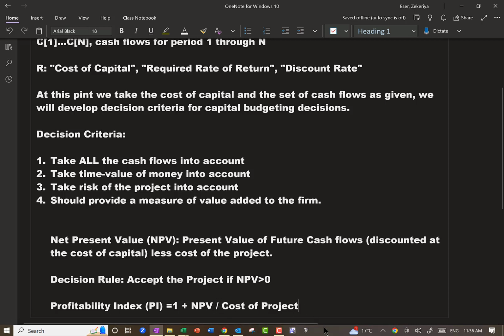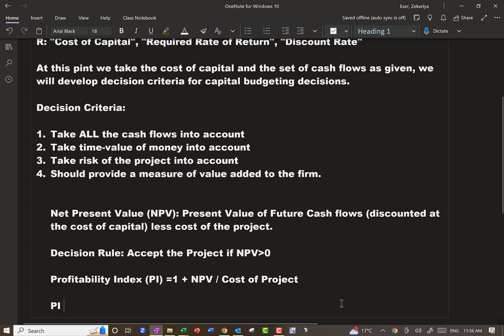You may have seen this in your basic finance as present value of future cash flows divided by the cost of project, but it's the same thing. And PI rule is accept the project if PI is greater than 1, which is the same thing as accepting the project if NPV is greater than 0.